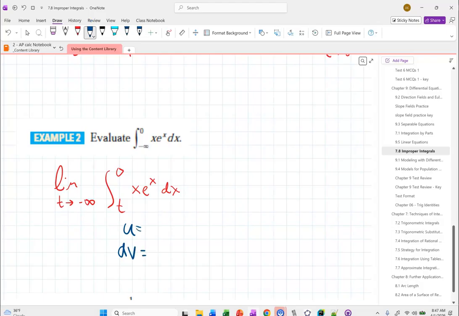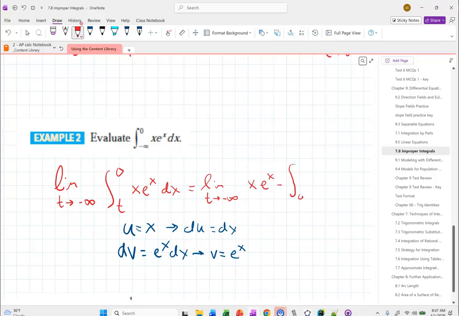What should we pick as our u? x. And the dv then should be e to the x dx. So du is just going to be dx, and v is just going to be e to the x. Everybody's good? What's the formula for integration by parts? It's u times v minus the integral of v du.